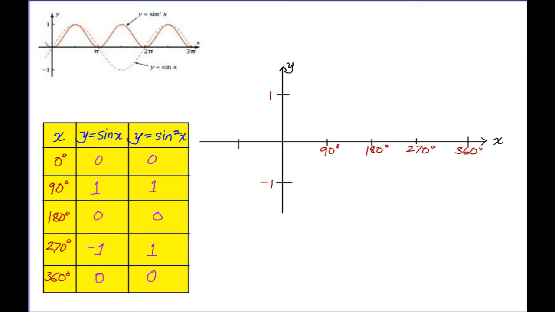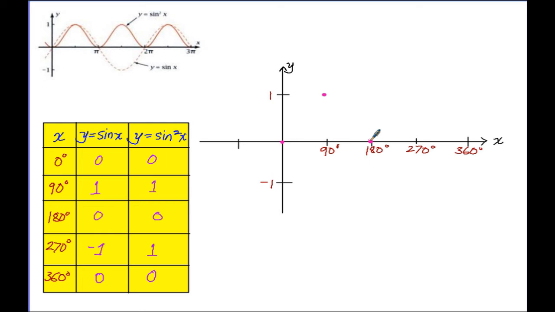Having gotten all of these values of y for the given x, for 0 degrees we have sine x is 0. So this will be the first point for y is equal to sine x. For 90 degrees we have a value of 1 for both, and for 180 we have 0 for both.